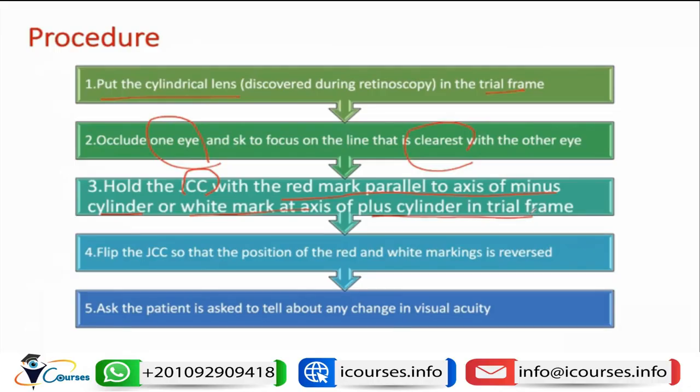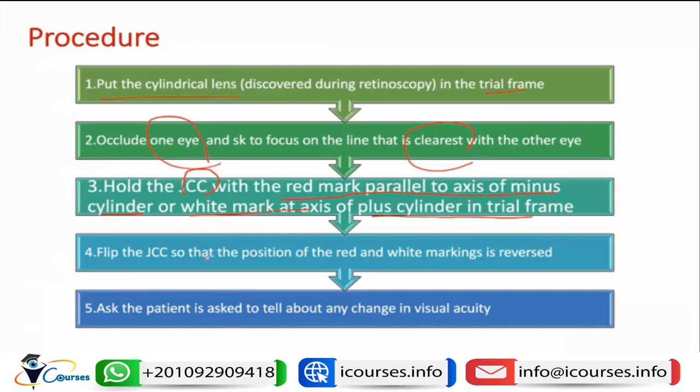We put the handle with the axis of the trial lens if we want to adjust the axis. But if we want to adjust the power, we put the red mark or the white mark with the axis. If we are using a minus cylindrical lens, we put the red mark with it. If we are using a plus cylindrical lens, we put the white mark with it.